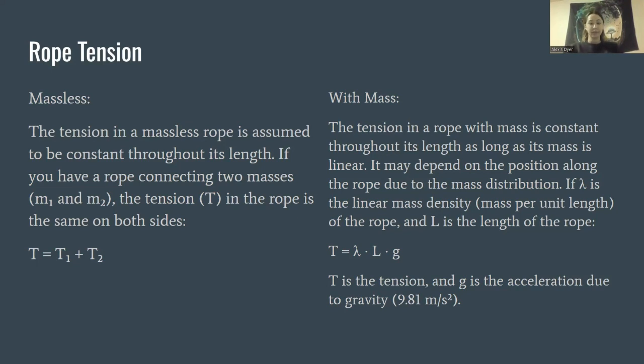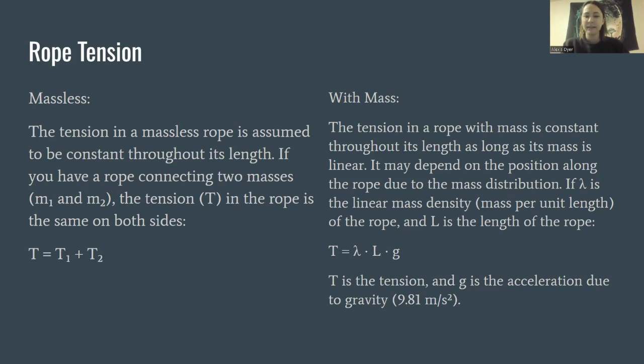Now, with mass, the tension in a rope with mass is constant throughout the length as long as the mass is linear. In our case, we are dealing with a linear mass density, which means that the tension in our rope is still going to be constant. If we were dealing with a nonlinear mass, say the rope is more dense in one area than the other, then that may alter a constant tension because it's going to pull differently.